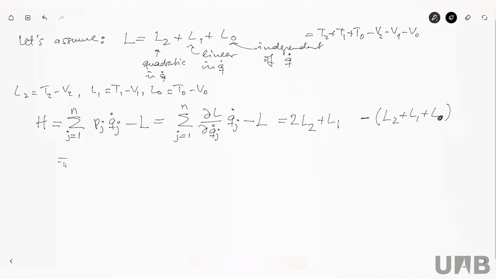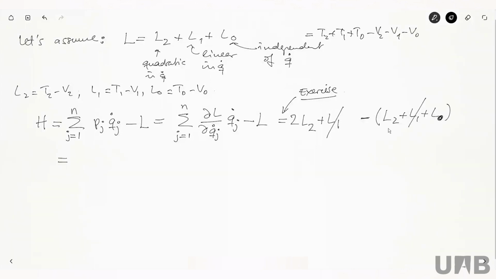So I'm going to leave this as an exercise in what is called index gymnastics. Just take the derivative. It's very simple, but do it. Now we are in a position to see something interesting, which is that L1 cancels out.